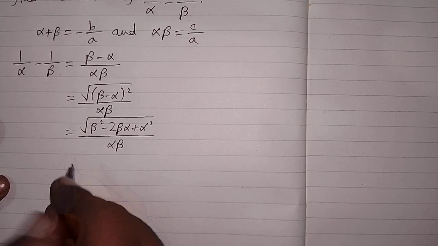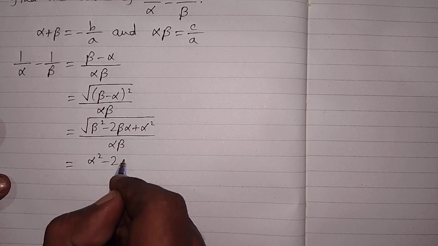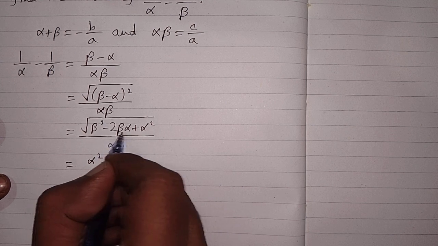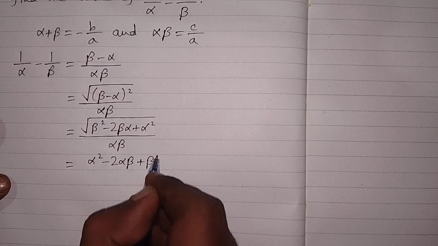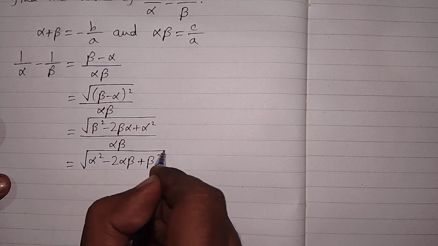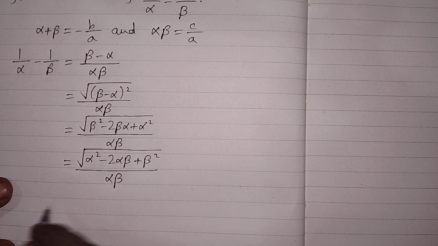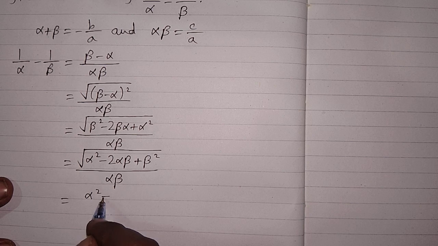and then this can be written as alpha square minus 2 alpha beta. By commutativity we can change beta alpha into alpha beta, and then plus beta square under root upon alpha beta, and then alpha square.